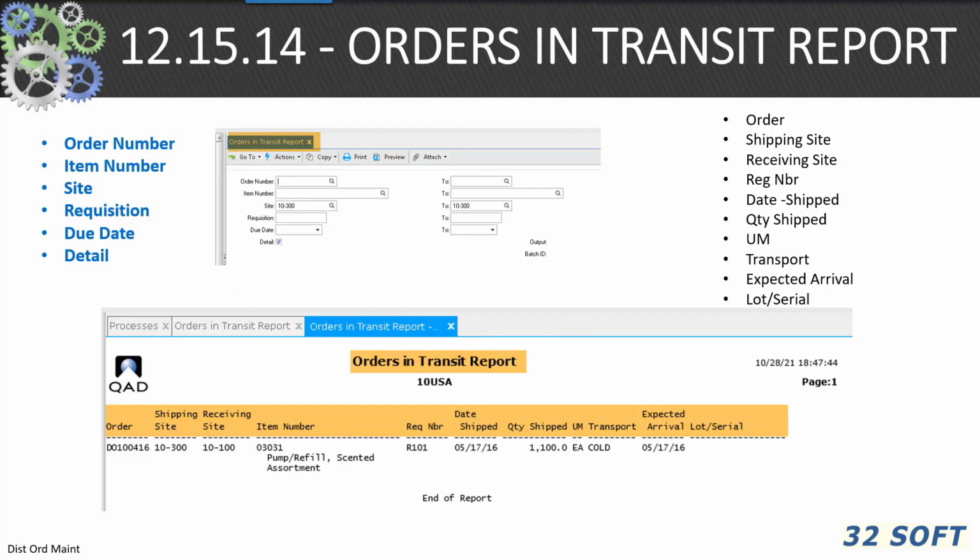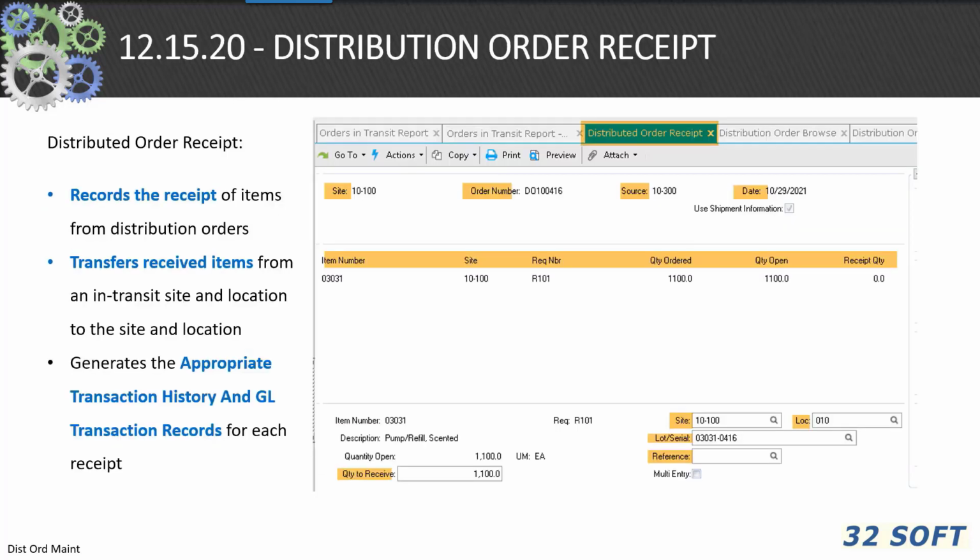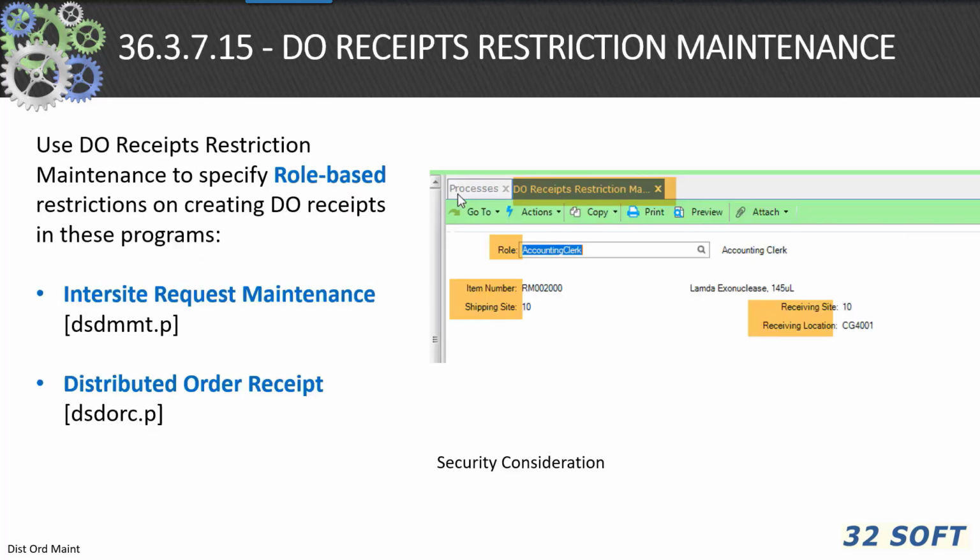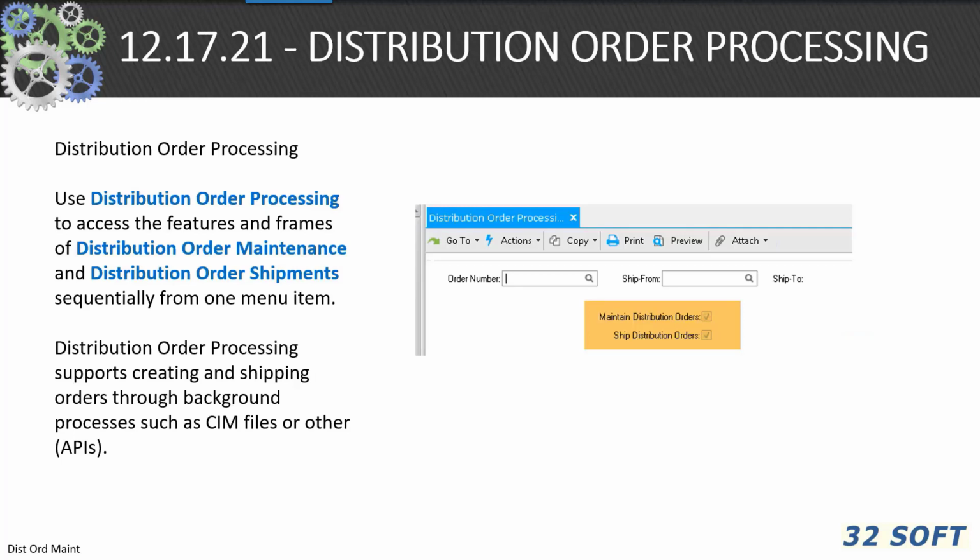The 12.15.14 orders in transit. You've got to know where those parts are. So you use that, and then once they're received, the 12.15.20 distribution order receipt receives the part, transfers the received items from the in-transit to the location, and then generates all the appropriate transactions and GL history. 36.3.7.15 DO receipts maintenance allows you to say who is going to do that based on roles.